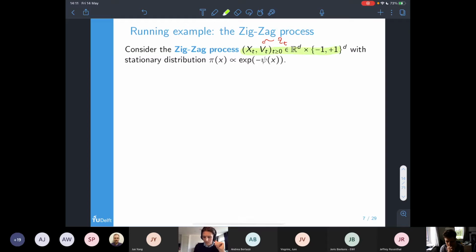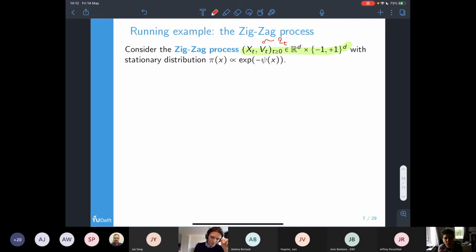It lies in R^d times {-1,+1}^d. So this is a d-dimensional zigzag process, and the velocity is a d-dimensional vector that takes values -1 or +1 in each component. In general, if we are thinking about Bayesian statistics, we would like to sample from a stationary distribution, a target, and therefore we would like this to be also our stationary distribution.